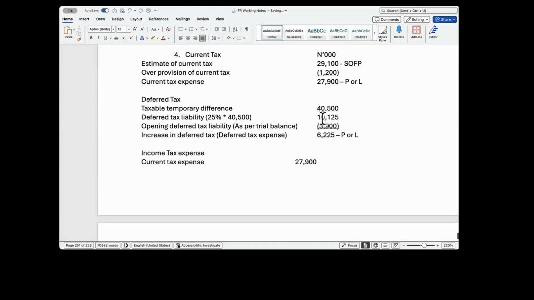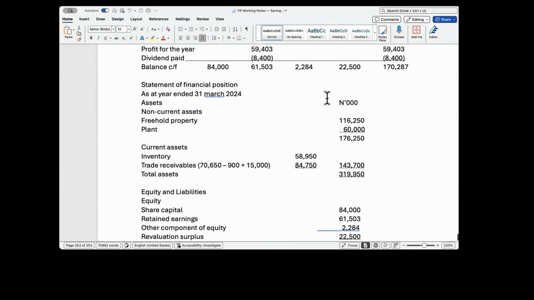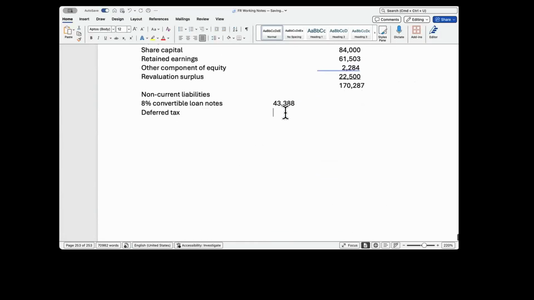What's the closing deferred tax? 10,125. What's the addition of the two? 53,513.